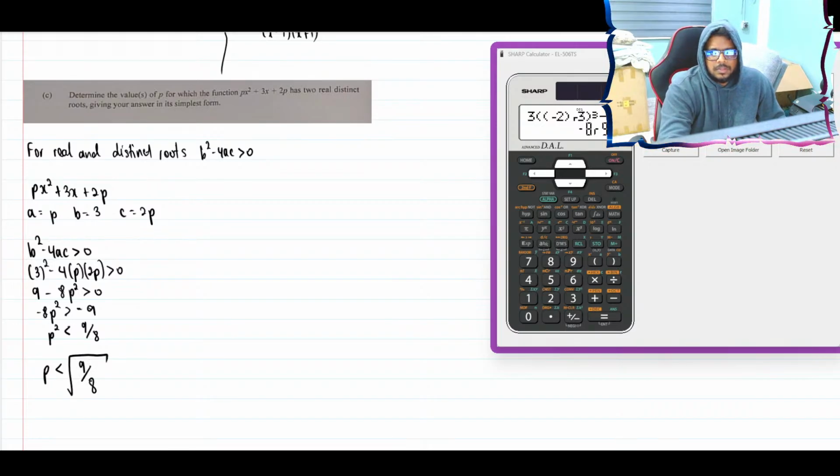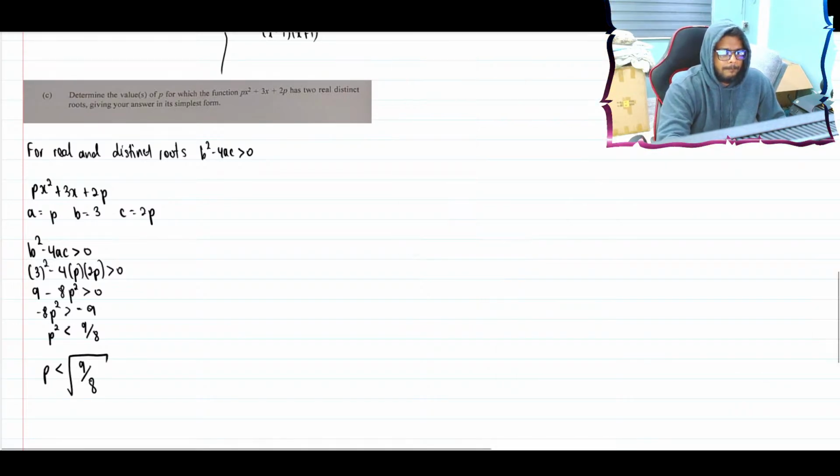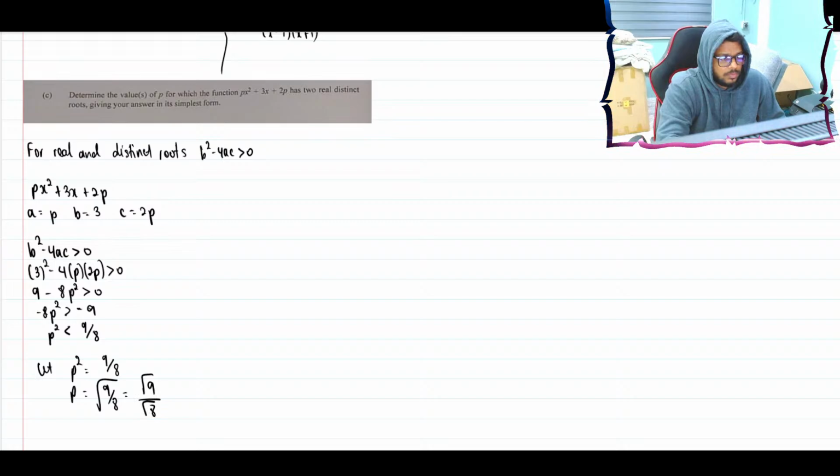But what I want to do here, my two solutions are going to be plus or minus 3 over root 8. So this is what you are going to do: I will let p squared equal 9 over 8. p will be equal to the square root of 9 over 8, which is root 9 over root 8, plus or minus.